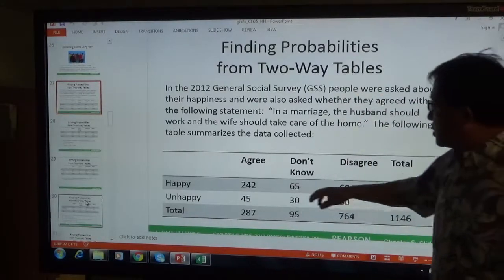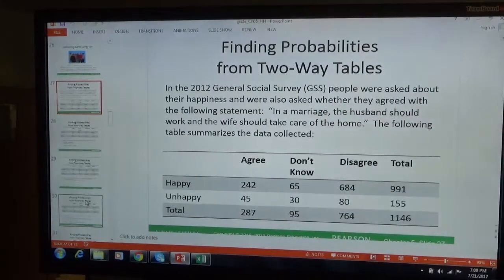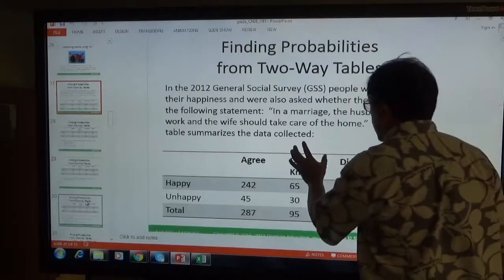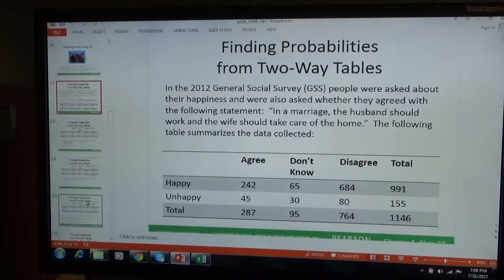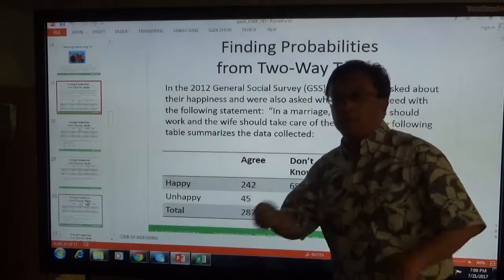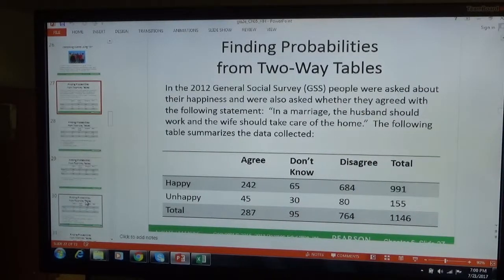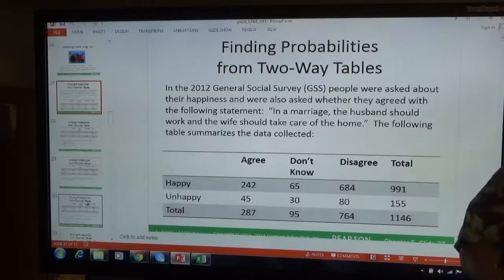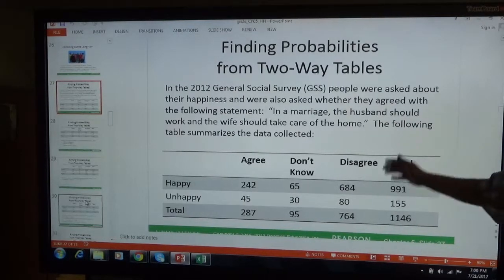Basically, we're trying to find out whether your happiness has anything to do with whether you agree or not with the statement. That's one question, whether you're happy or not. Second question is, take a look at this statement. Do you agree or not? So I have the data here.